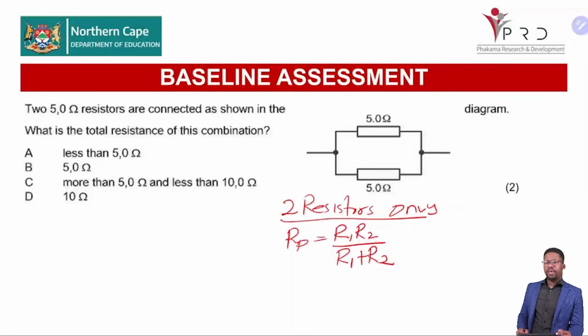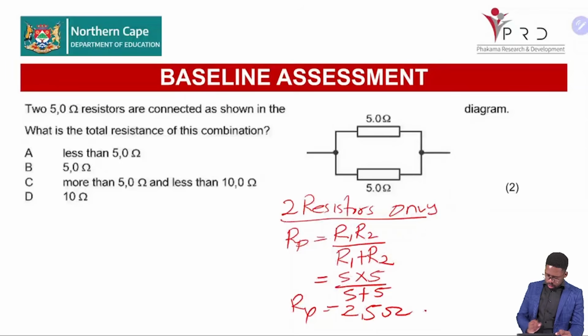So Rp is equal to the product of the resistors divided by the sum of resistors. Then it's going to be 5 times 5 all over 5 plus 5. And our Rp, I think, is going to be 2.5 ohms. Now you have the answer.